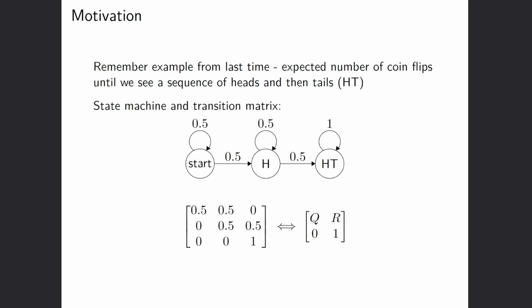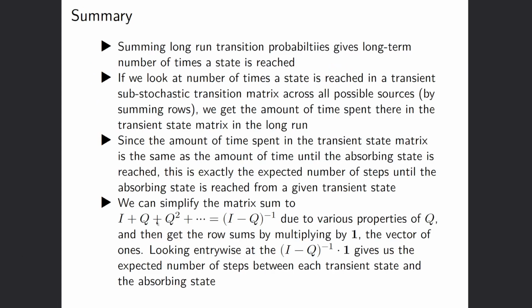So the amount of time we spend in start and H is exactly the amount of time that we spend before HT. And you could say, okay, well, maybe it's 1 minus that. Well, that's why we're adding the identity matrix in our formula. So that should be a bit intuitive, hopefully.